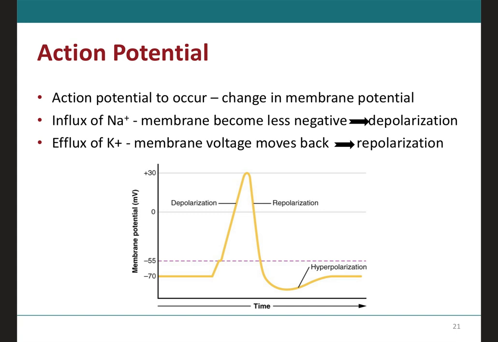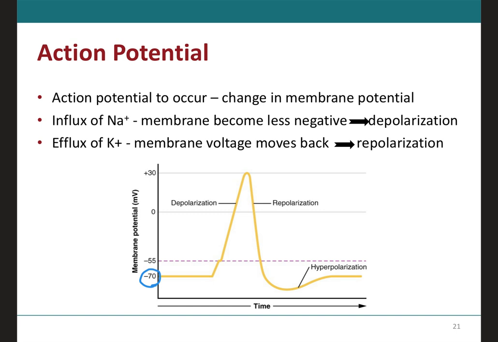Now, without any outside influence, it will not change, because the leak channels allow ions to go in and ions to go out, and they control that in a way that the membrane will always be at around minus 70 millivolts.